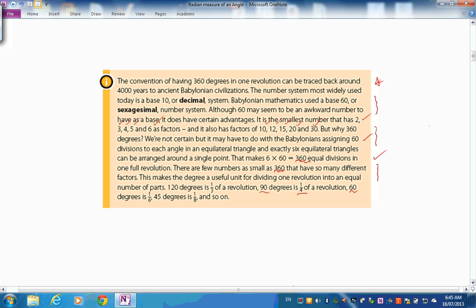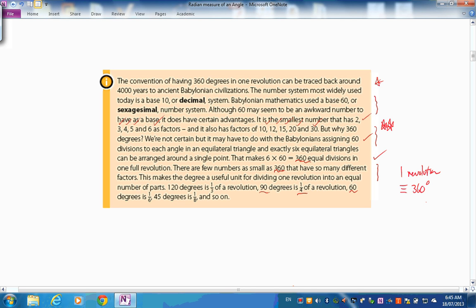So it was handy to break down a revolution into those fractions. So I guess it's the idea of factors of this number, meaning you can break it down into proportions very easily. Okay, so that's where we got one revolution is equivalent to 360 degrees. There we have it.